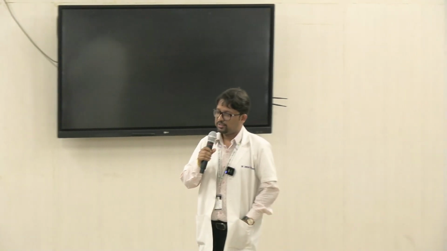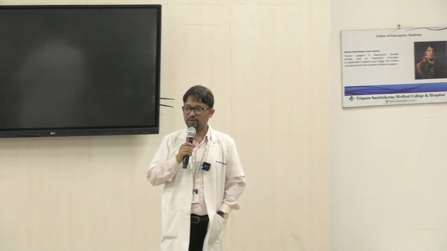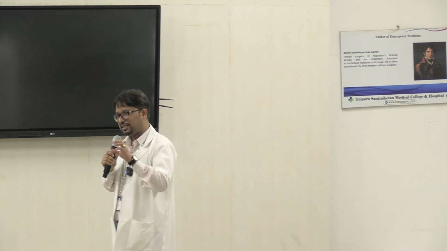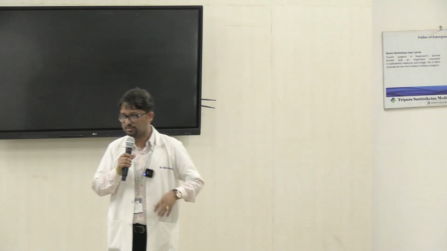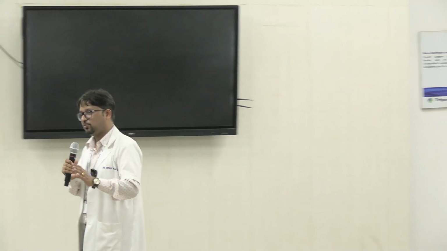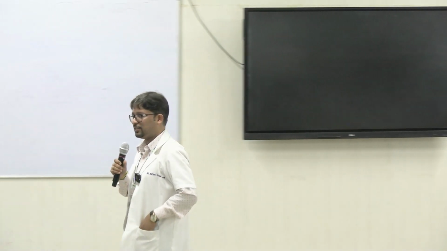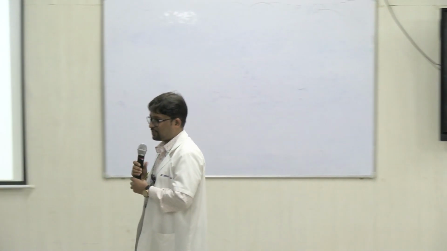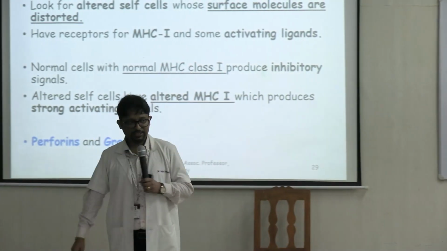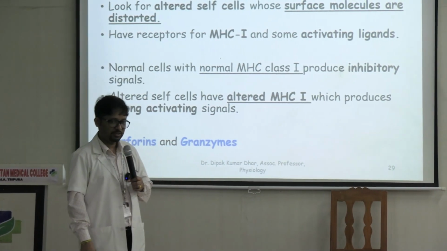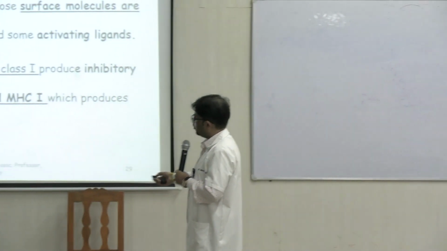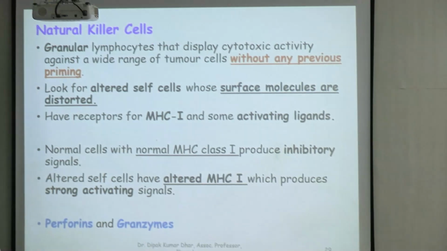It was observed that around 5 to 10% of the circulating lymphocytes are slightly larger and have granules, which is unusual for a lymphocyte, because we always classify lymphocytes as agranulocytes. These are the ones we call natural killer cells. Natural killer cells look for altered self cells.